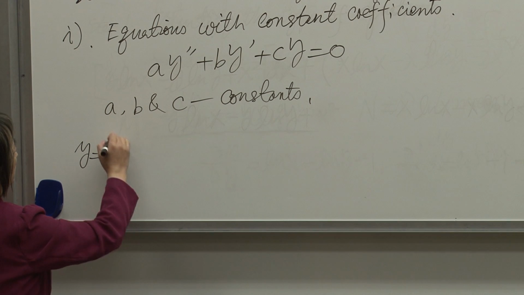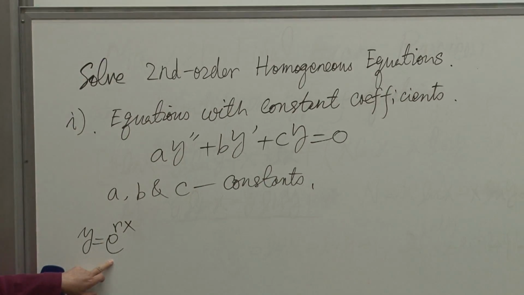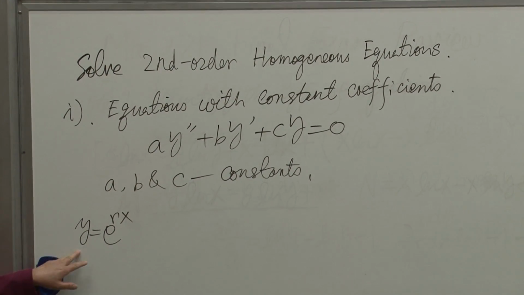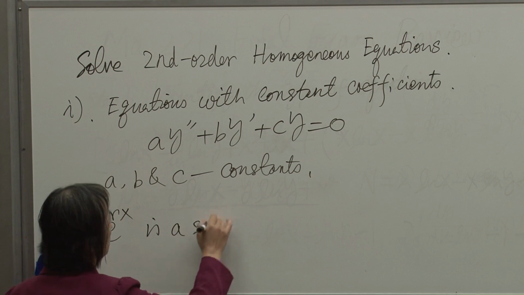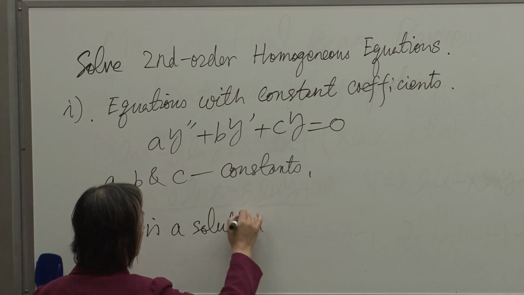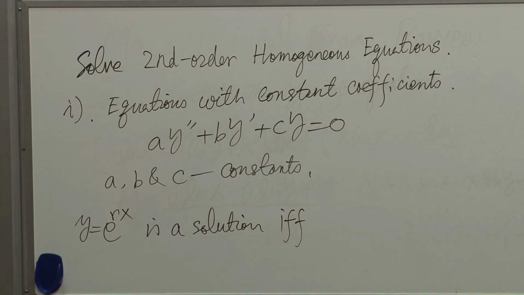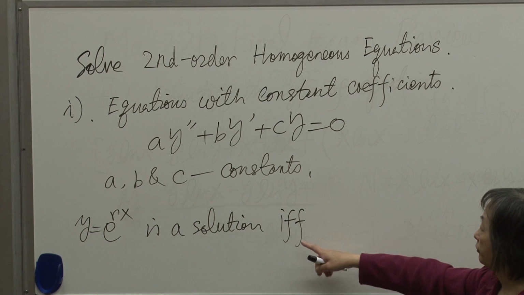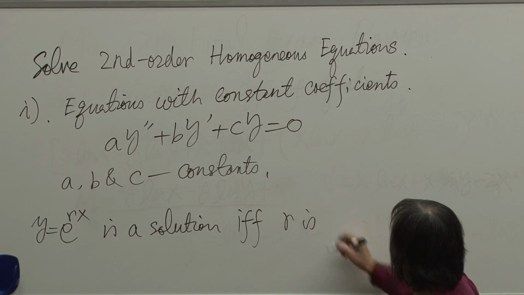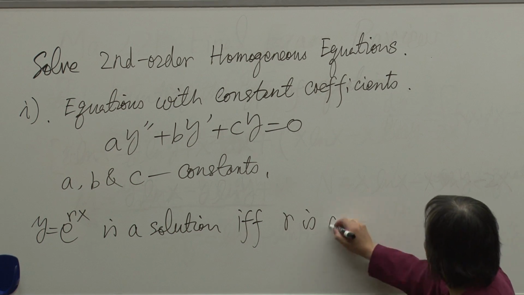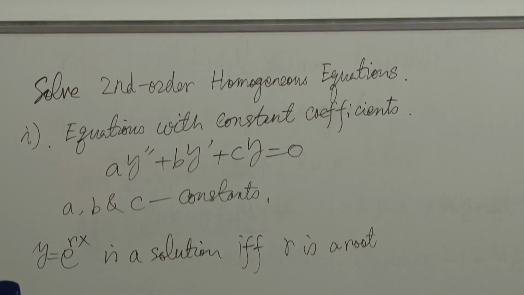For this kind of equation, we look for a solution of the form e to the rx. y equal to e to the rx is a solution if and only if, and now we use the double-arrow symbol to represent if and only if, r is a root of its so-called auxiliary equation.